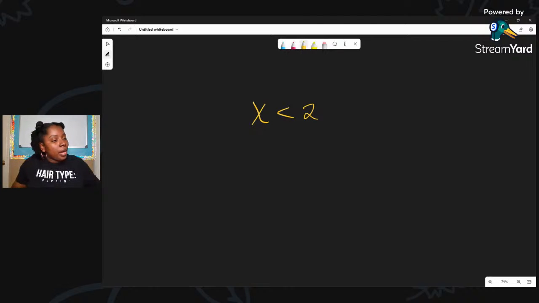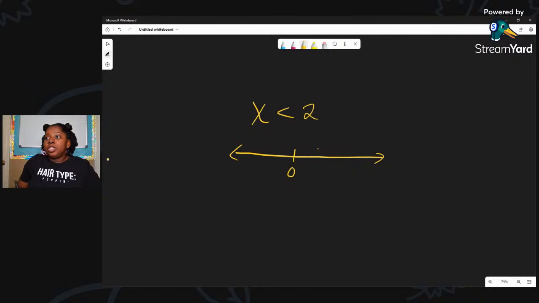Oh, I see. Okay, so x is less than, if we were to graph this, right, can x be 2? So let me know, can x be the number 2? Is 2 less than 2? Tell me in the chat.